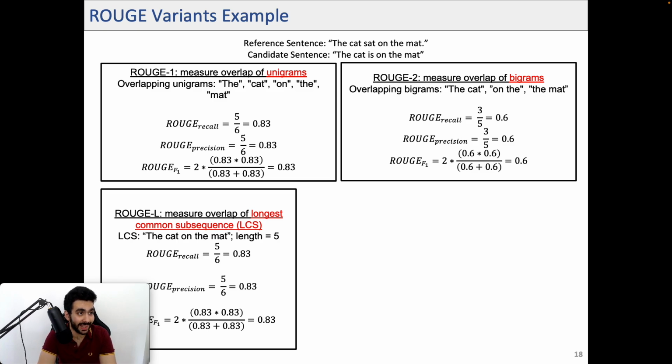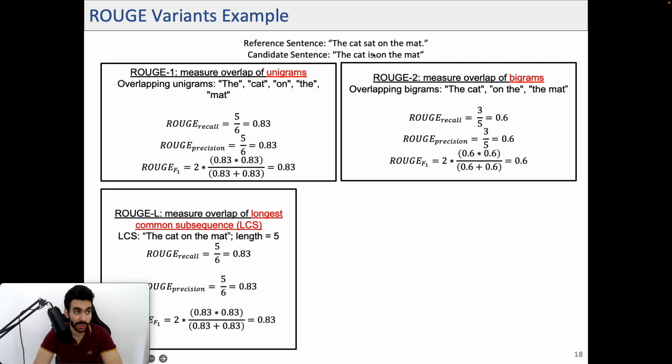This is the longest subsequence, meaning the longest common subsequence with respect to the reference and the candidate. So if we go to our example here, "the cat," then here "sat" and "is" are not the same, but it's still fine. Our subsequence again goes with "on the mat."